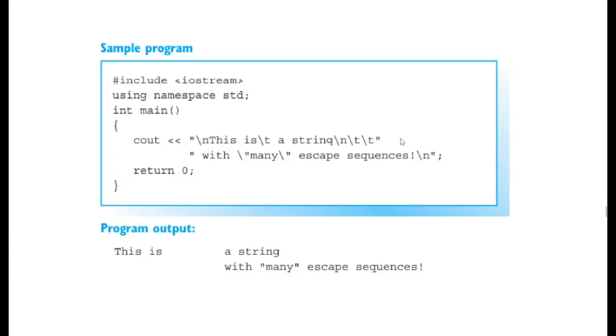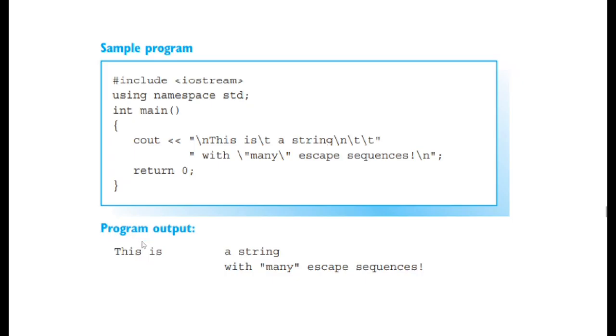It looks quite odd if you first look at it without being aware of escape sequences. But let's break it down. It starts out with \n, and \n is the escape sequence, if you look at the table, for a line break. So it's an alternative to using endl as we had seen in the previous programs.